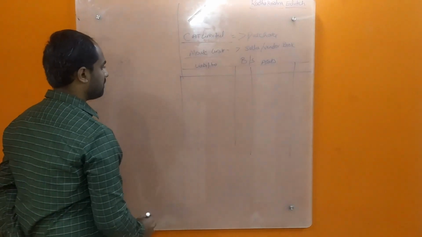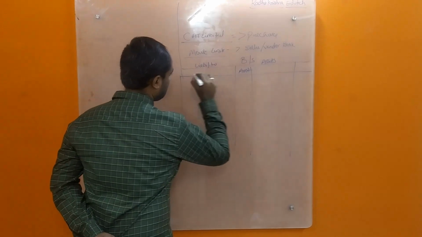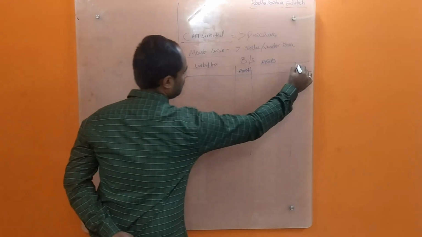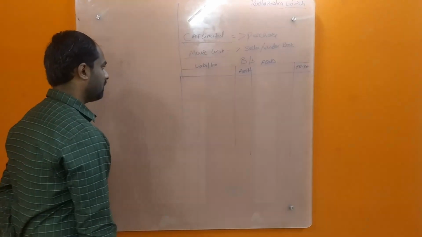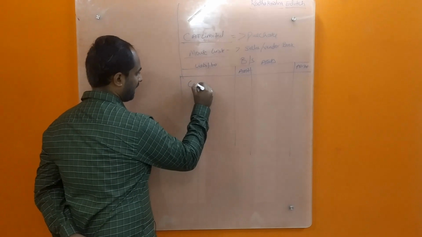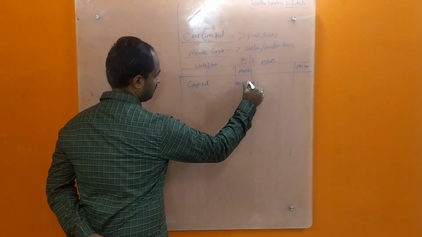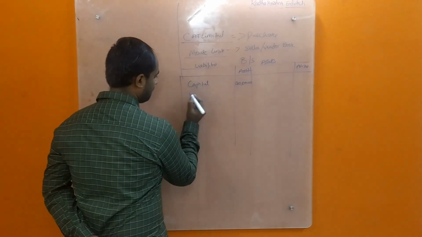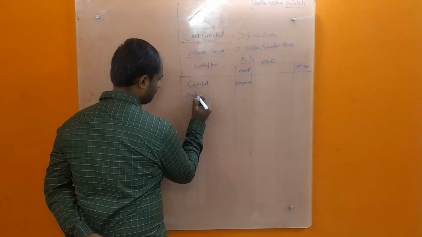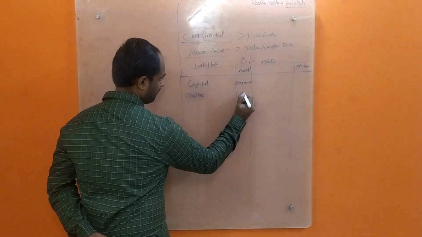Okay. So amount. So first thing I will put capital. Capital 2 lakh. Okay. Then creditors 65,000.